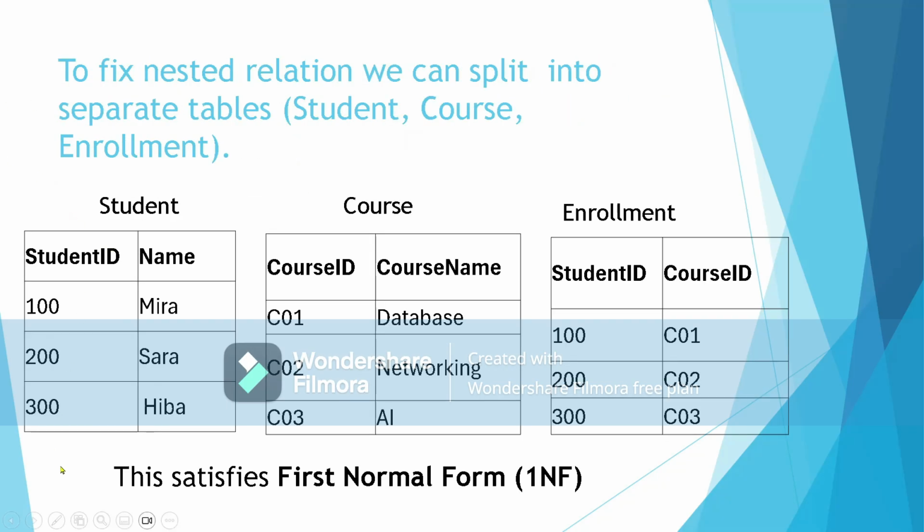The first table contains the student details only, that is ID of the student and name of the student. The second table contains the course ID and course name. And the third table, enrollment, shows the mapping between student ID and course ID.